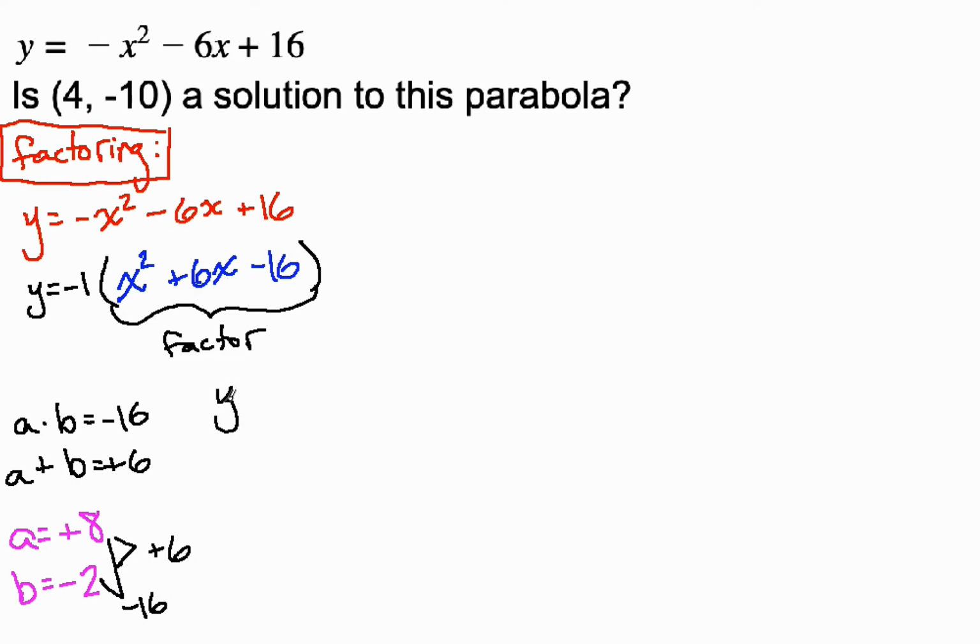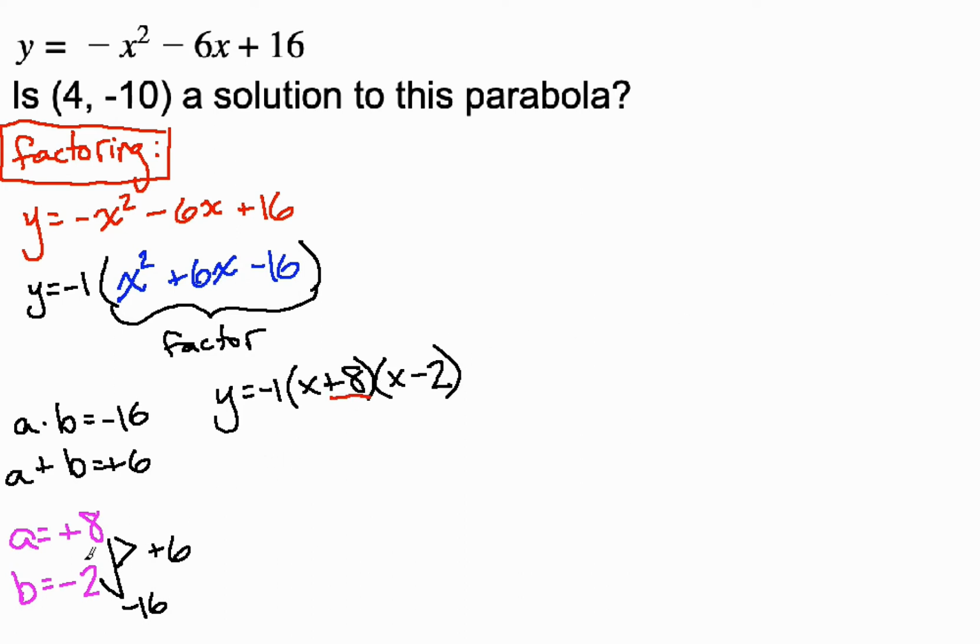This means that my equation will look like this now. Y equals negative 1 times x plus 8 times x minus 2. And let me just remind you where I got those numbers.